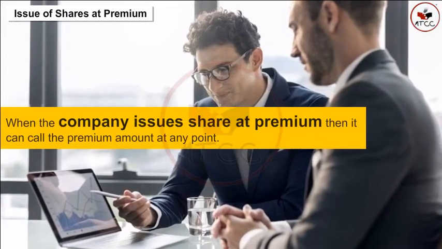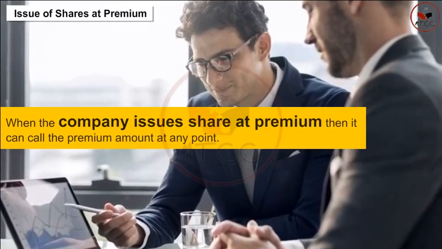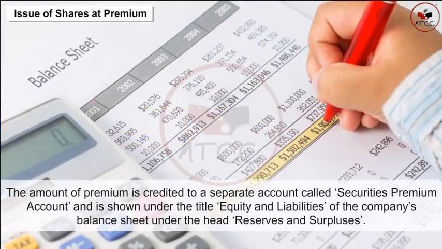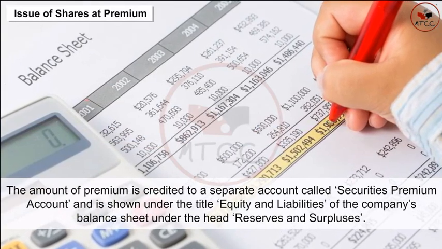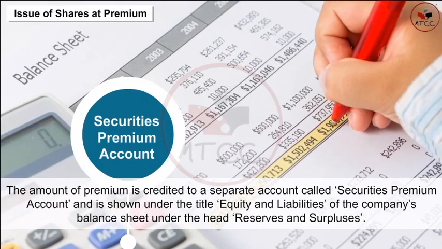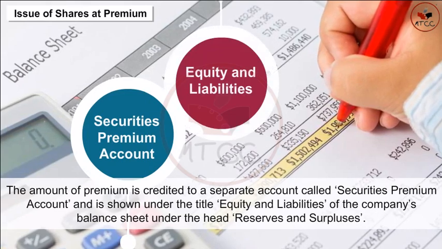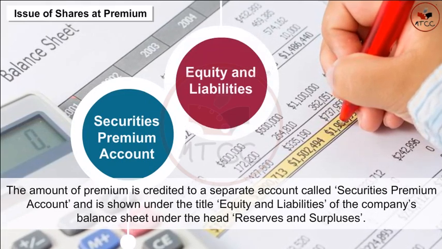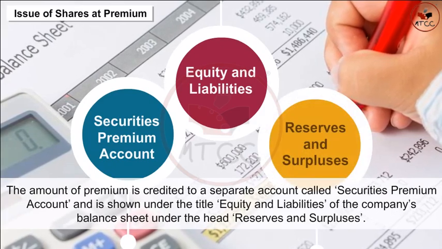When the company issues shares at premium, then it can call the premium amount at any point. The amount of premium is credited to a separate account called Securities Premium Account and is shown under the title Equity and Liabilities of the company's balance sheet under the head Reserves and Surplus.